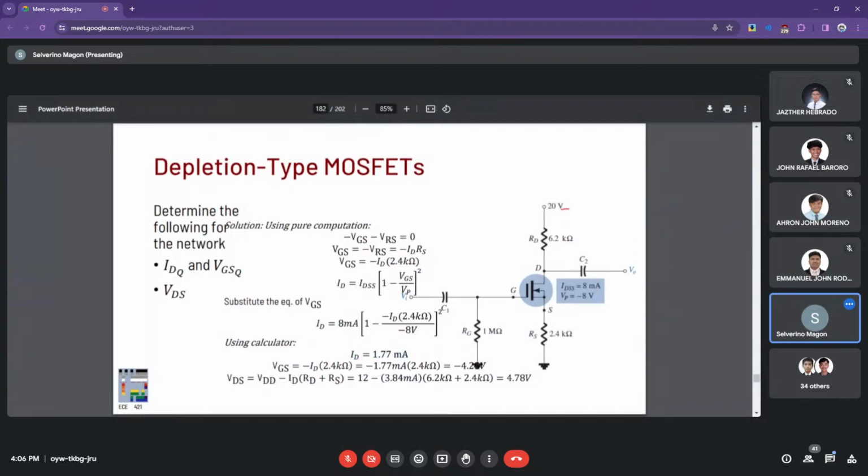No? And then after we figure the value of the drain current, we will solve for the gate to source voltage using the drain current. And we see here that the input is maintained at negative 0.4 volts at this side. No? So the VGS is at negative 4.2.